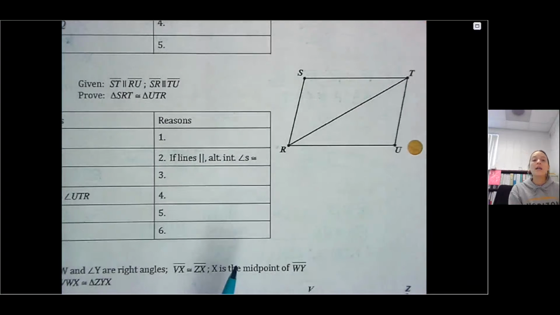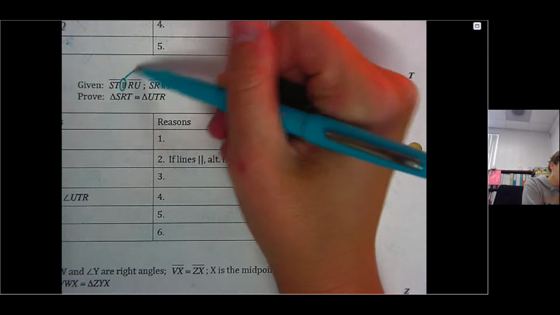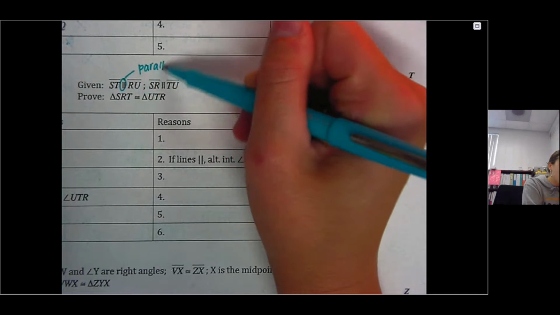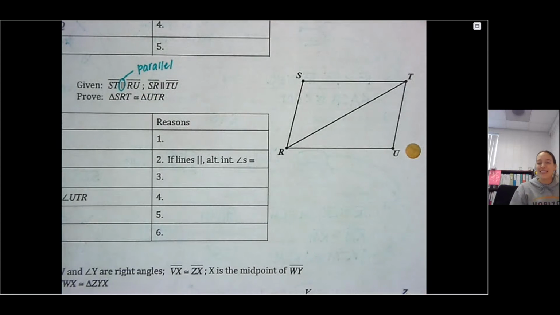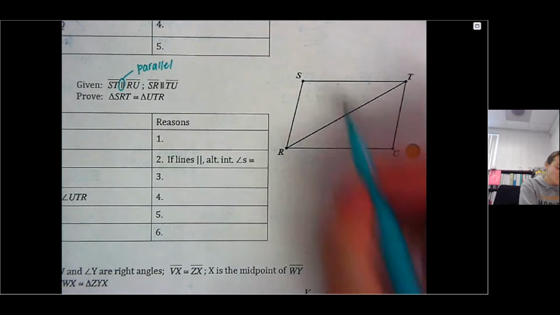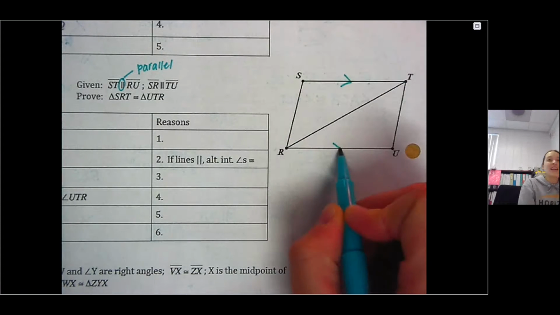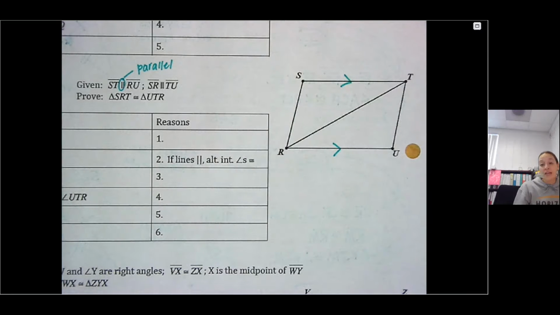Okay. On number 5, there are 2 pieces of info given to you. It says ST, and then it's got 2 lines, RU. What do those 2 lines mean? Parallel. Good. Now, if I'm going to mark that in the picture, how do I mark it? The arrows. That means parallel.